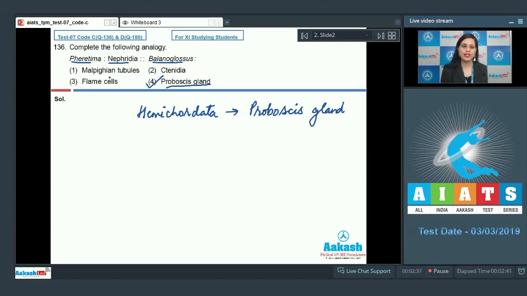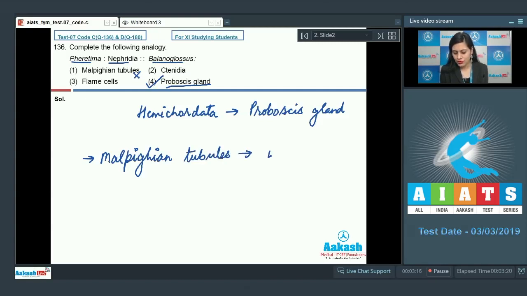The very first option given is Malpighian tubules, and this is an incorrect option. Malpighian tubules are the excretory structures of insects. The next option is Ctenidia, and this is an incorrect option.